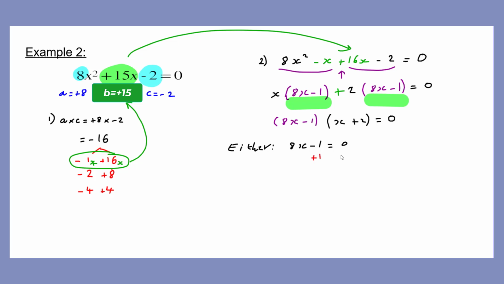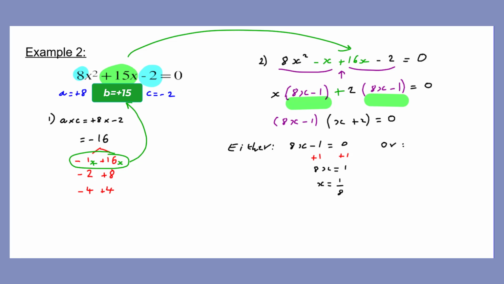We're going to solve it, plus 1 on both sides to keep the balance. So on the left hand side, we're going to have 8x equals 1. The opposite of times is divide. We're going to divide both sides by 8, which gives us the first solution, or the first root, x equals 1 over 8. And that's the first solution.